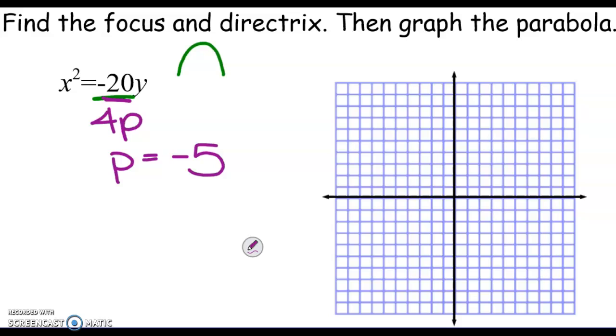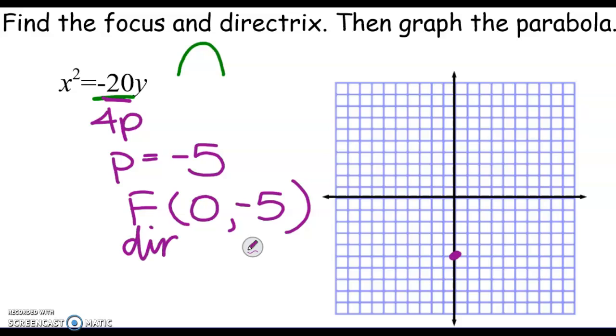Okay, now I know it's going to open down, so that means it's opening around the y-axis. So 1, 2, 3, 4, 5. My focus, in this case, is an up and down focus, so it's 0, negative 5. And therefore, my directrix is the opposite of p. And it's a side-to-side line, so that's y equals positive 5.